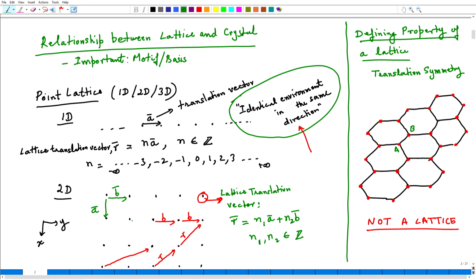Now, consider the translation from the lattice point B in this direction.